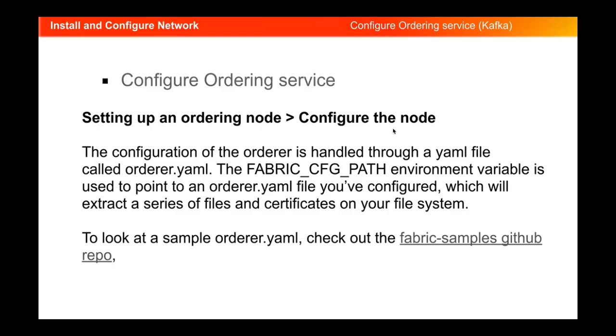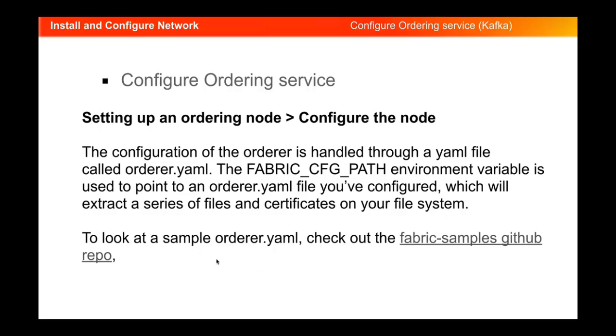Next step is configuring the node. The configuration of the orderer is handled through a YAML file called orderer.yaml, which we have already seen. FABRIC_CFG_PATH is an environment variable used to point to the orderer.yaml file which you have configured, which will extract a series of files and certificates on your file system.